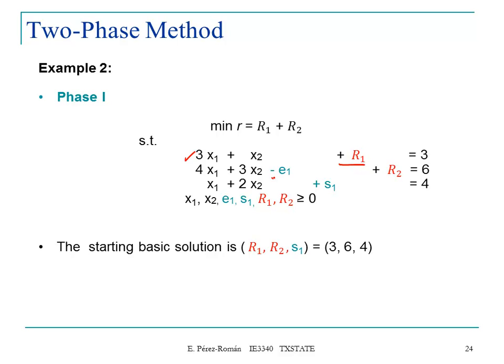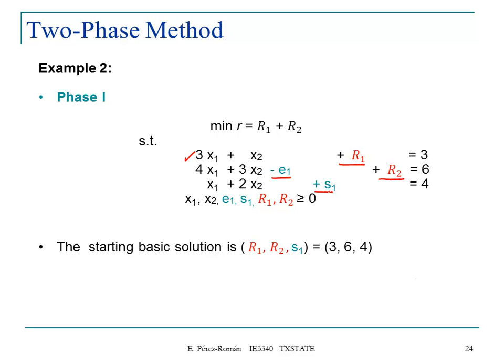We know this is a negative variable, so that cannot be used as a basic feasible solution. So that's why we also add an artificial variable to our second constraint. But for the third constraint, we have a slack variable. This slack is a positive variable, so that can be part of our basic feasible solution. So now we have two artificial variables as part of our problem.